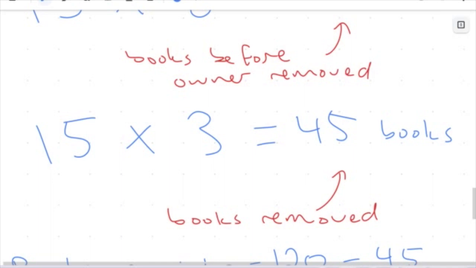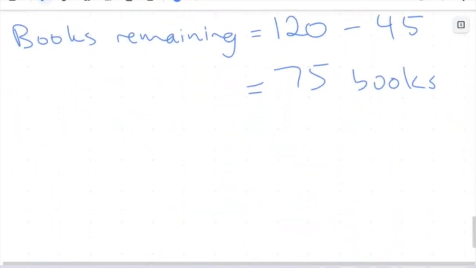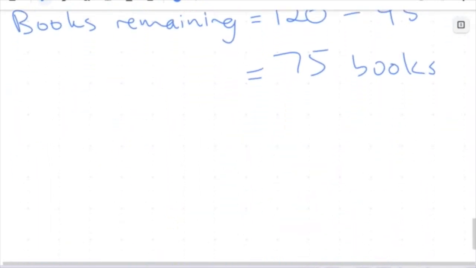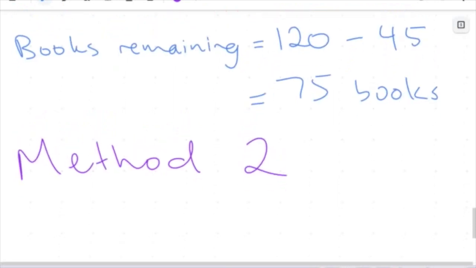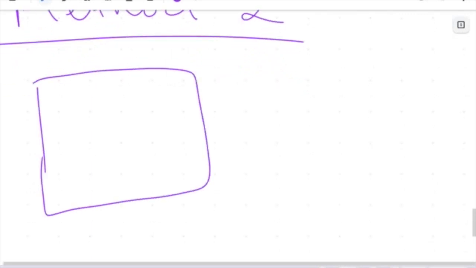Now let's look at a second method of doing this, one that actually brings together a lot of the concepts we were talking about previously. Now, for this method 2, let's just consider my 1 box of books.